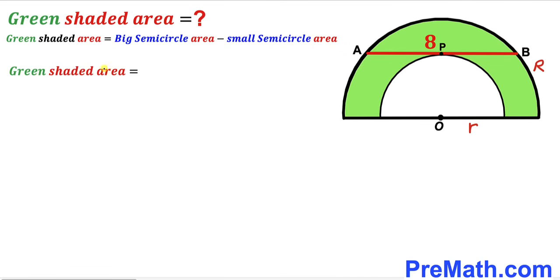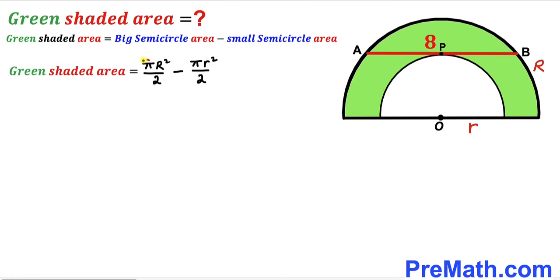So our green shaded area is going to be pi times uppercase R square divided by 2, minus pi times lowercase r square divided by 2.